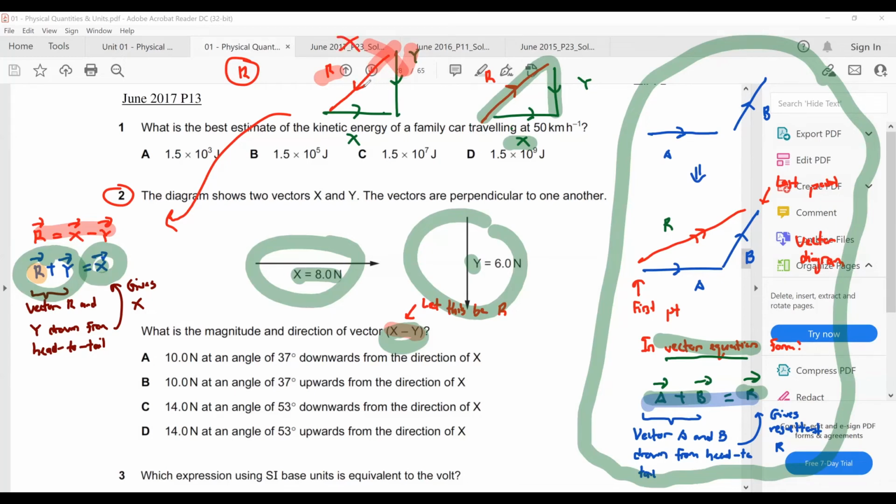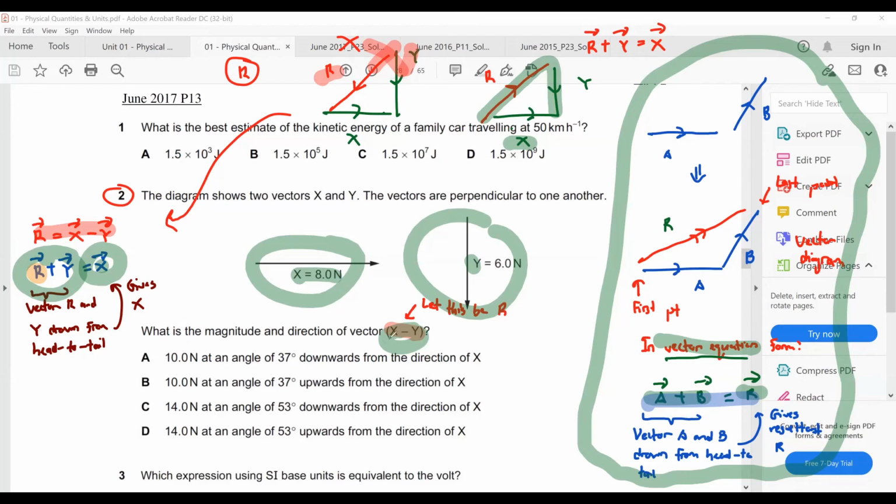This one is not head to tail. But drawing it in this direction shows that it's head to tail. So it will be correct to say that in this form, vector r plus vector y is equal to vector x. All right.